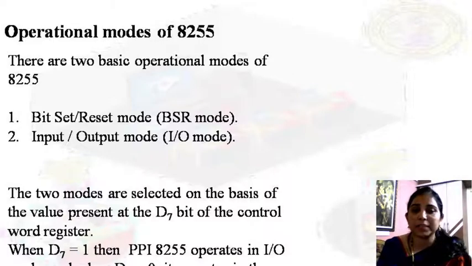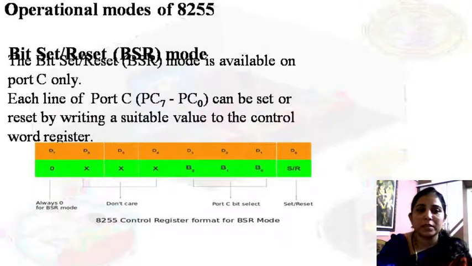If the D7 bit is 0, it works under BSR mode. If the content of the D7 bit is 1, that means the 8255 works under IO mode. With this basic information, let's see in detail.